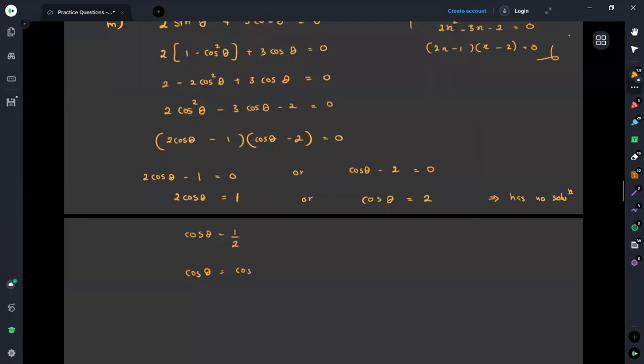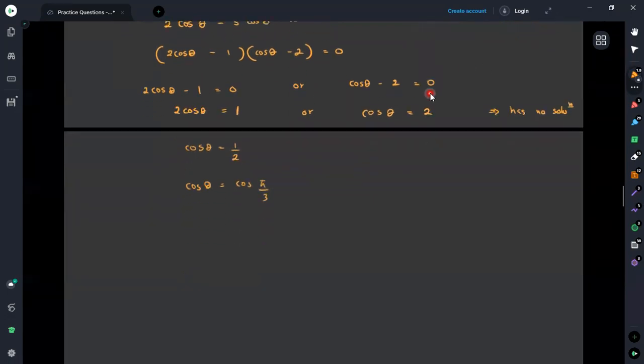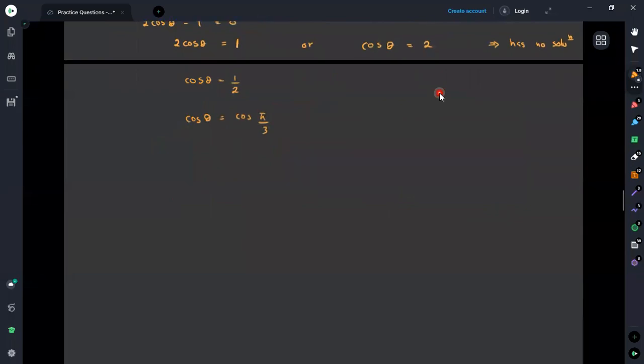Then it can be taken as cosine theta is equal to cosine pi divided by 3. Now we can take the value for alpha, the principal solution. Alpha is equal to pi divided by 3. Then theta is equal to 2 times n pi plus or minus alpha.